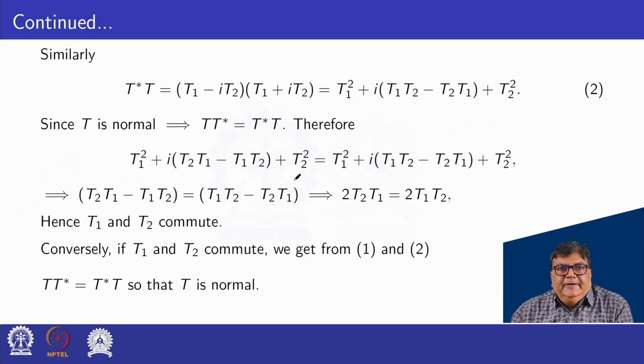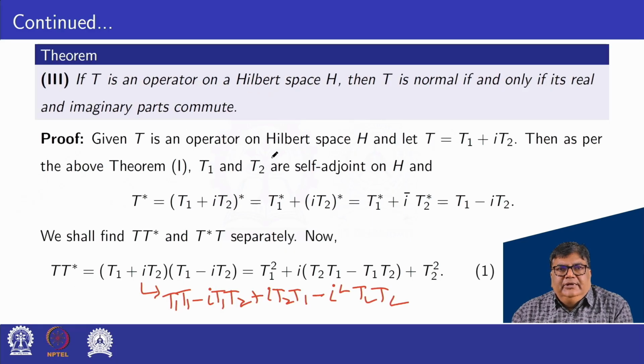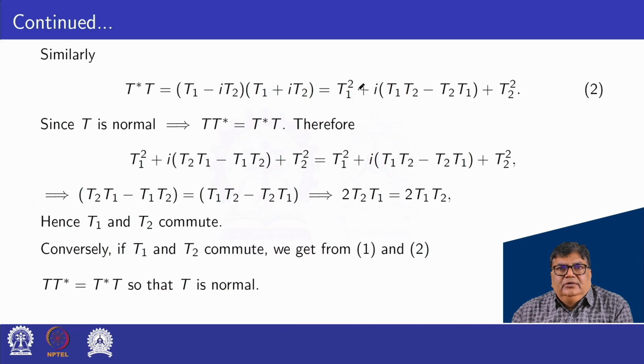Similarly, T star T is T1 minus i T2 into T1 plus i T2. Solving this in the same way, we have T1 square plus i T1 T2 minus T2 T1 plus T2 square.